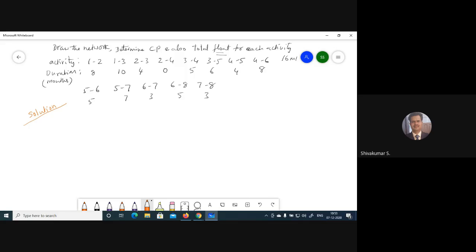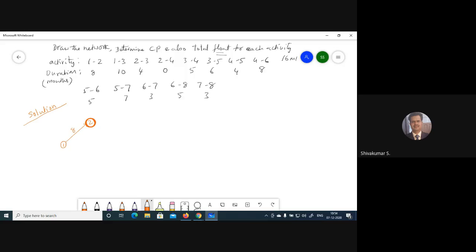Okay, the second column: 1 to 2, 1 to 3, 2 to 3 and all. If you try to draw it, it's not difficult based on the activities given. Let me start here. Activity 1 to 2 is 8 weeks.